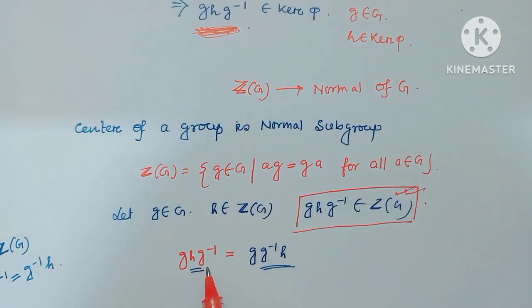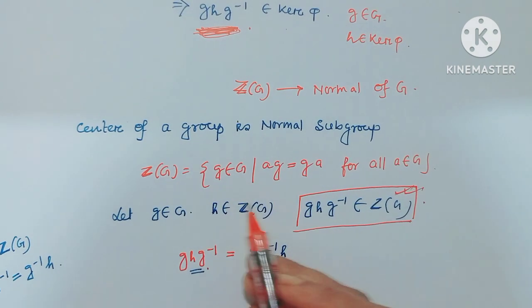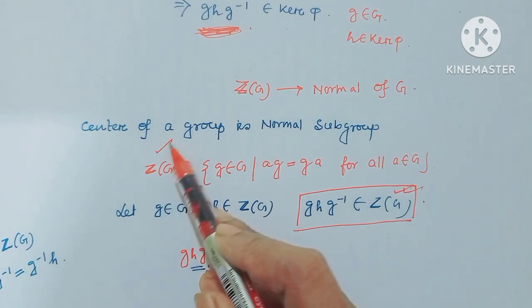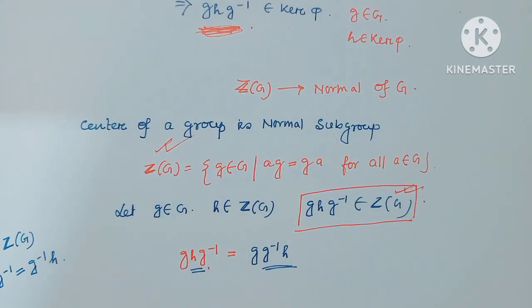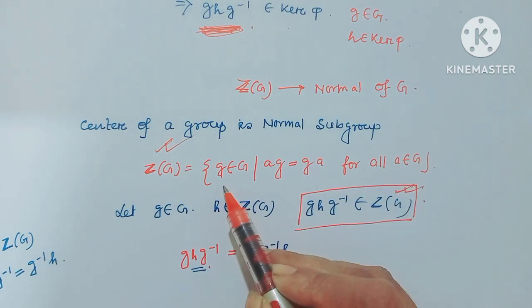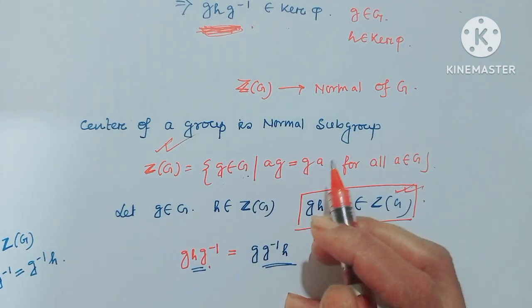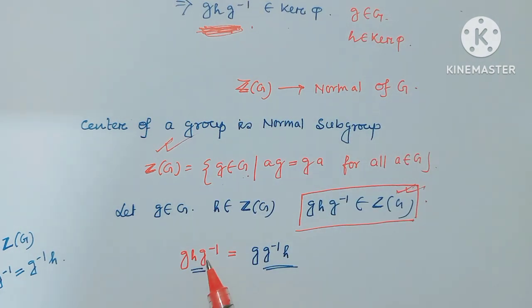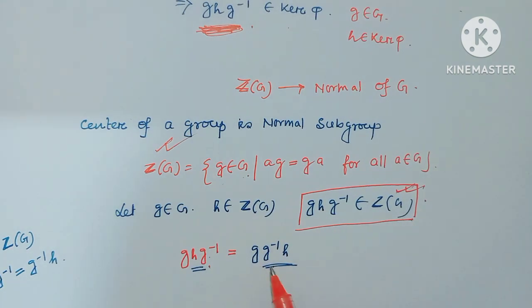And it is so since Z(G) is an abelian group. If g is a member of the group G, Z(G) means the set of elements which commute with the whole group. So g a g inverse would be g g inverse a, and g g inverse means identity.